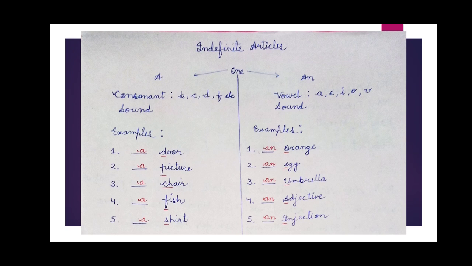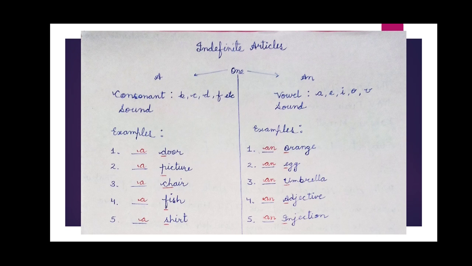As you could see, the first one is in the consonant category, door. The sound is d, so that is why we would say a door. Second is picture. First sound is p, so we would say a picture. Third example, chair.